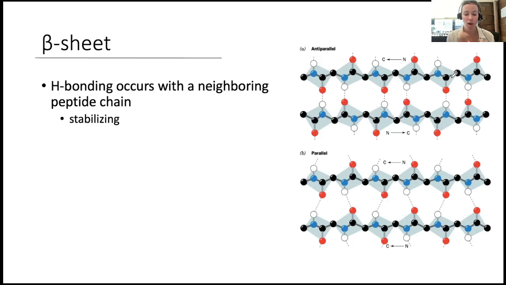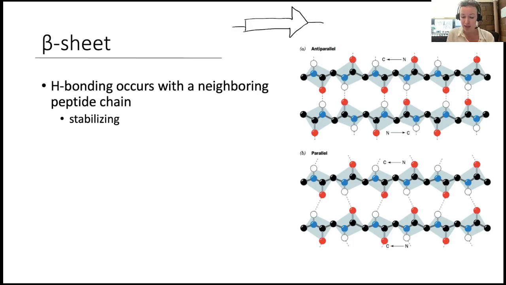Beta sheets are often represented by ribbons that look flat with little arrows attached to them. So that's often how a beta sheet is represented as a cartoon. Beta sheets are also stabilized through hydrogen bonding, and that's shown on the slide.